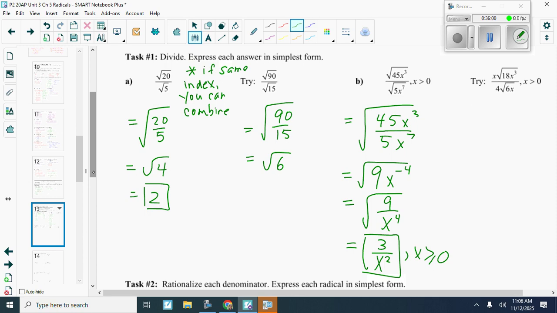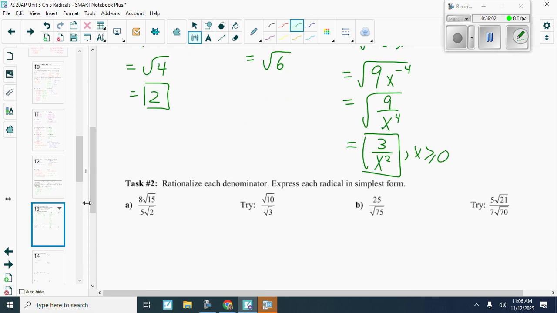Don't forget to pause, take a look, observe. So this one is x has to be greater than 0, not greater than or equal to 0, because you cannot divide by 0.